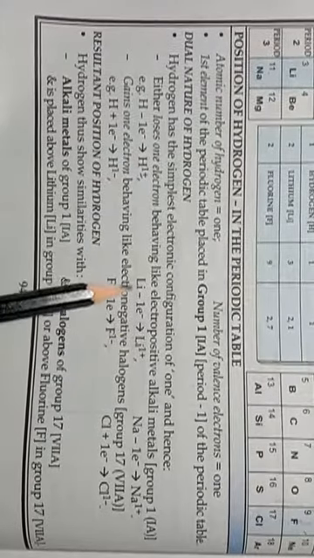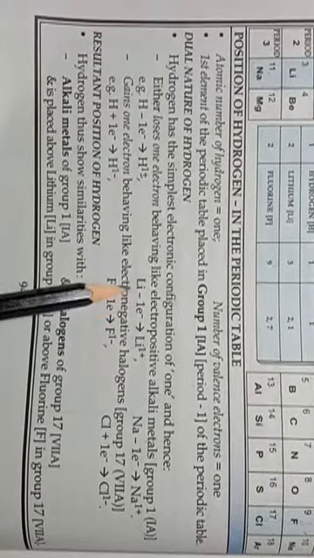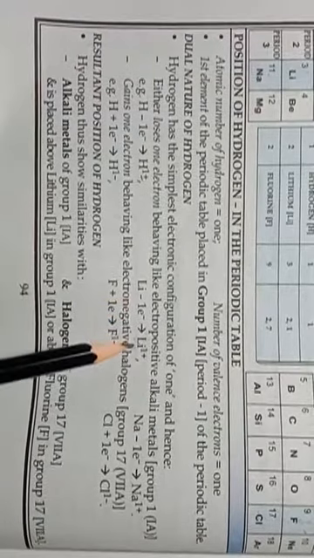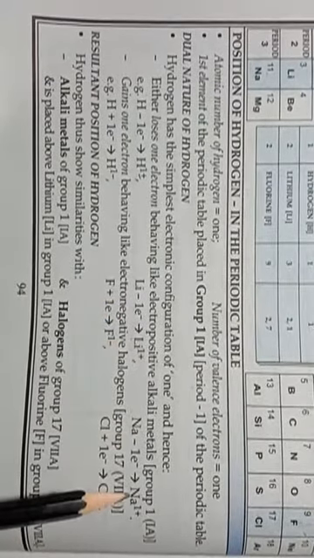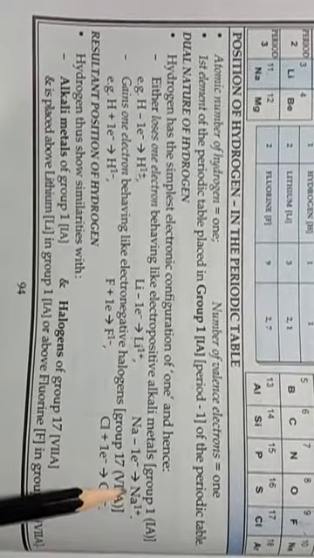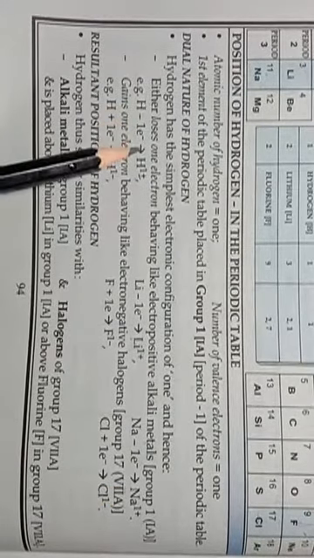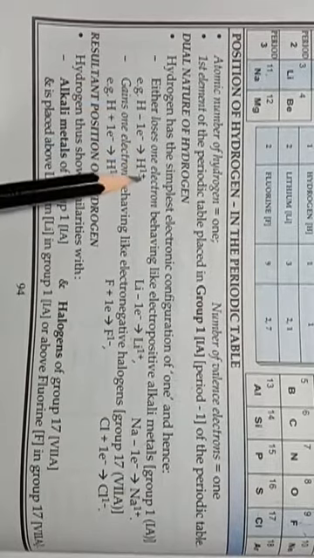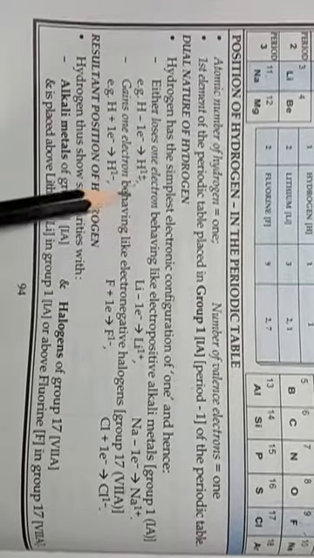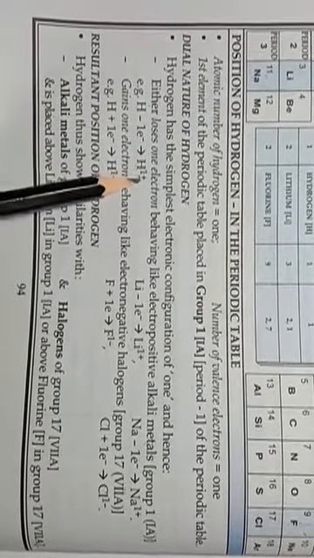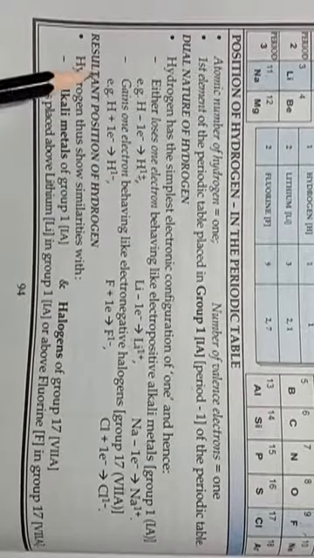For example, lithium can convert itself into lithium ion and sodium into sodium ion by the loss of 1 electron. In the same way, hydrogen can also lose its 1 electron and convert into a unit positively charged ion.